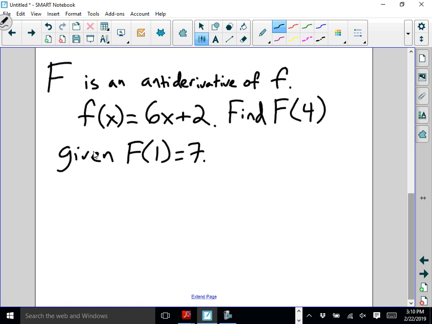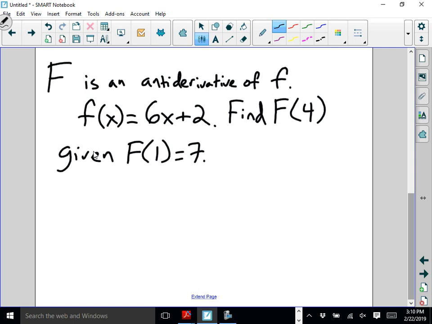So think about the fundamental theorem of calculus. We know that the integral from 1 to 4 of f of x dx, little f of x, has to be capital F of 4 minus capital F of 1.